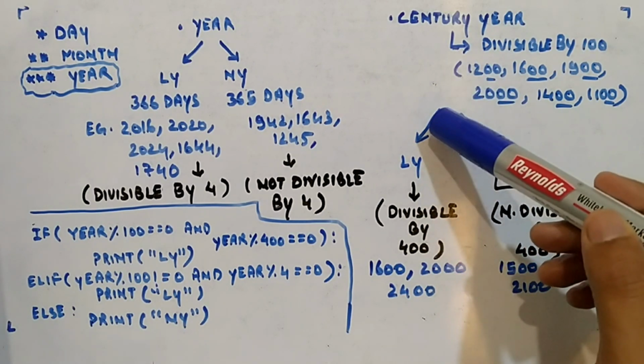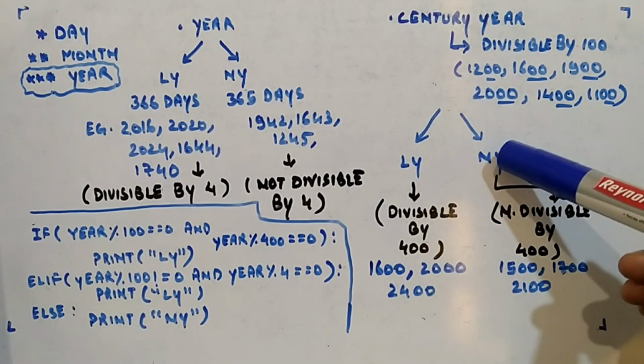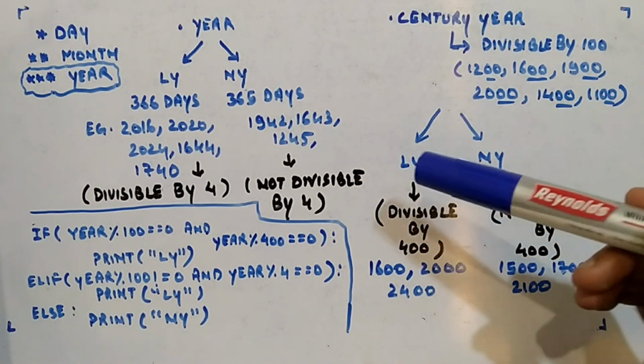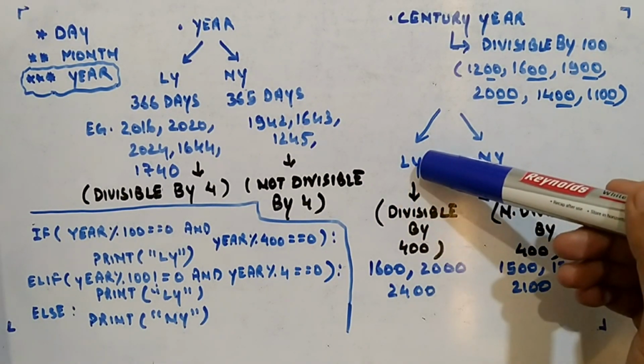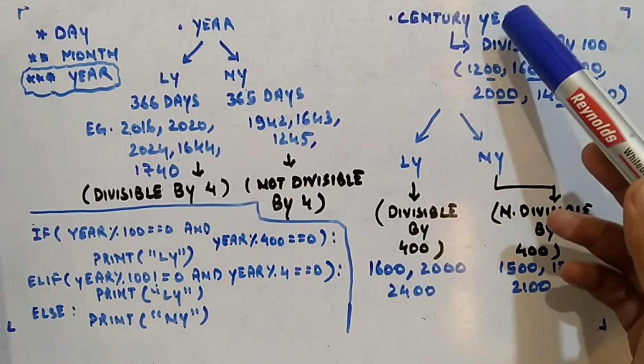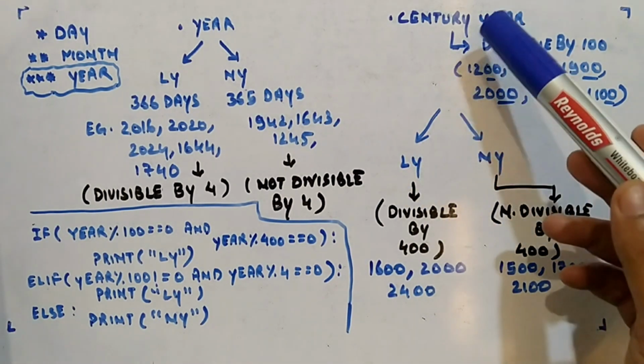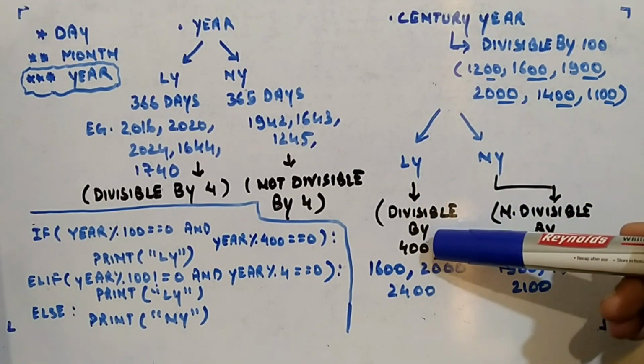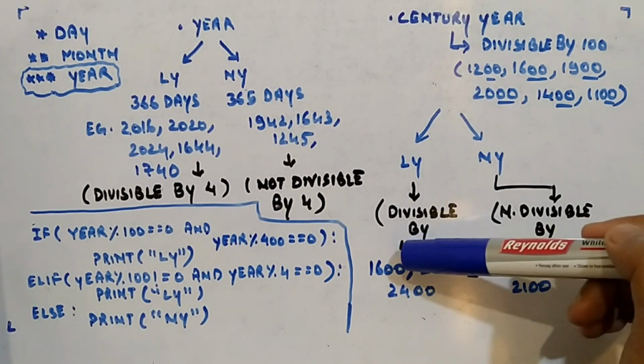A century year also can be a leap year or a normal year, but the condition for checking will change. A century year will be a leap year if it is divisible by 400. Not 4, we are checking divisibility by 400 here.